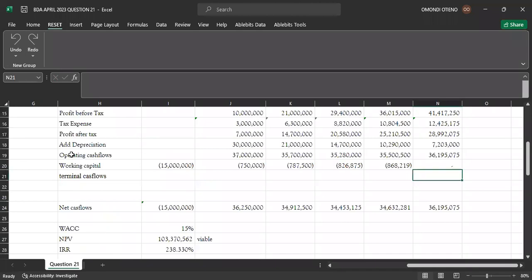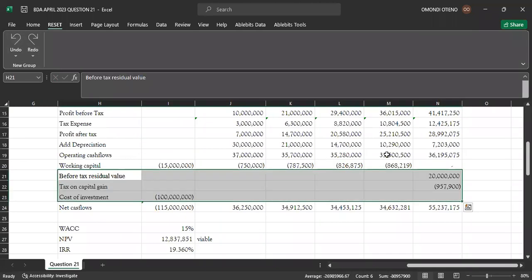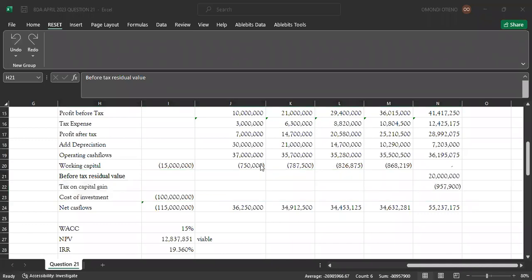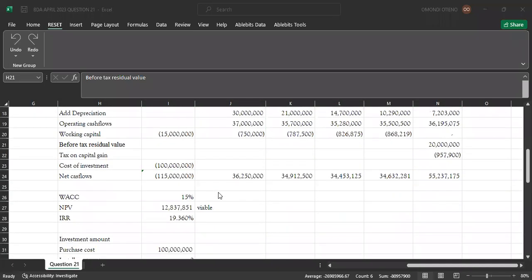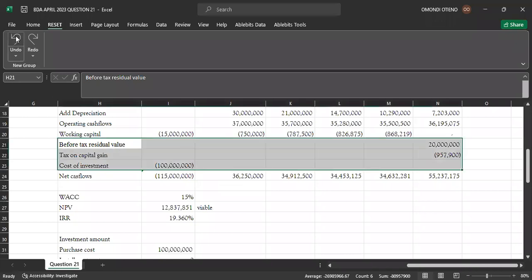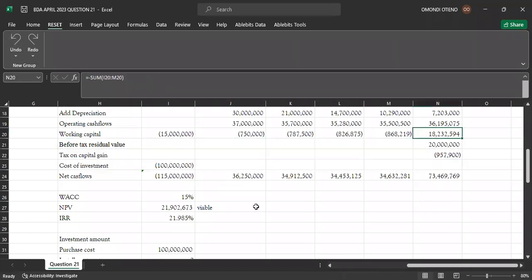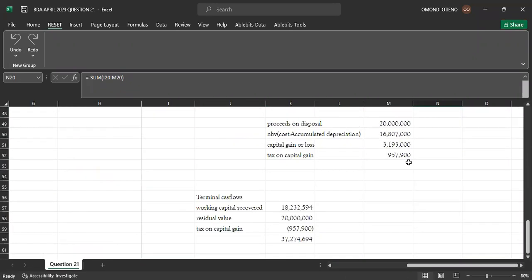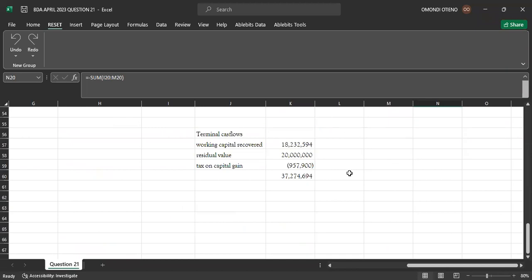Let's get back to our terminal cash flows. Let's not merge the figures. Let's have them one by one and indicated there. So that is what we have. Everything is now complete.